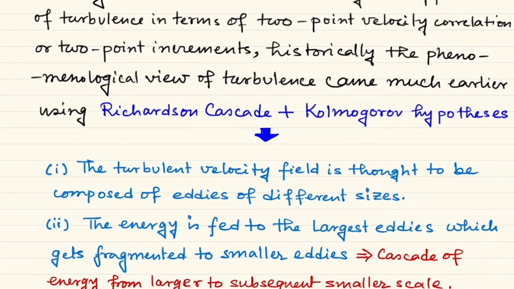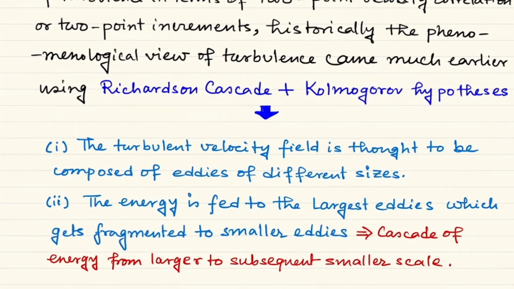If we say that the size of the eddy is equivalent to a length scale, then we can say that the energy is cascading from larger to subsequent smaller length scales, and this is known as the cascade of energy in turbulence.